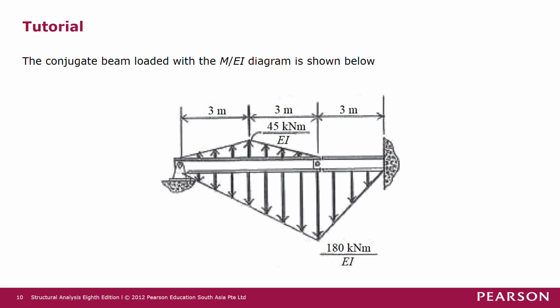So the conjugate beam looks like this. Here is pin, over here is a hinge, and over here is fixed. And then for positive bending moment, the loading on the conjugate beam becomes upward. And for negative bending moment, the M over EI, which is the loading on the conjugate beam, becomes downward.